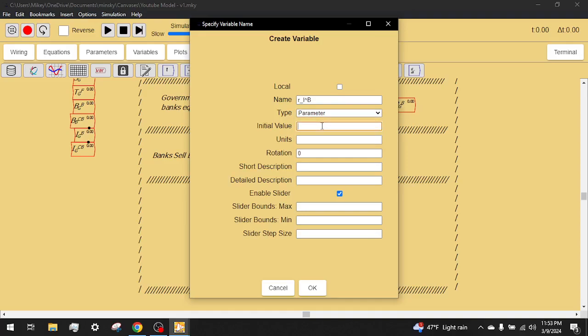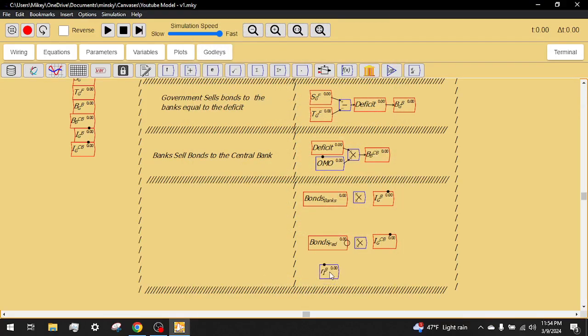However, once again, we're going to start with an initial value of 0, a maximum value of 100%, a minimum value of 0%, and let's actually go for increments of 25 basis points, because the Fed likes to hike rates by 25 basis points at a time.